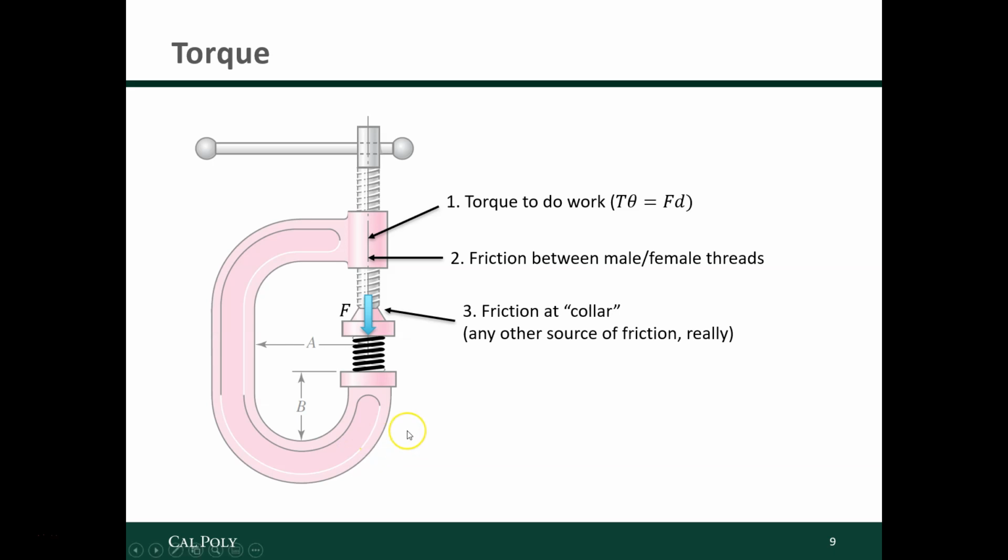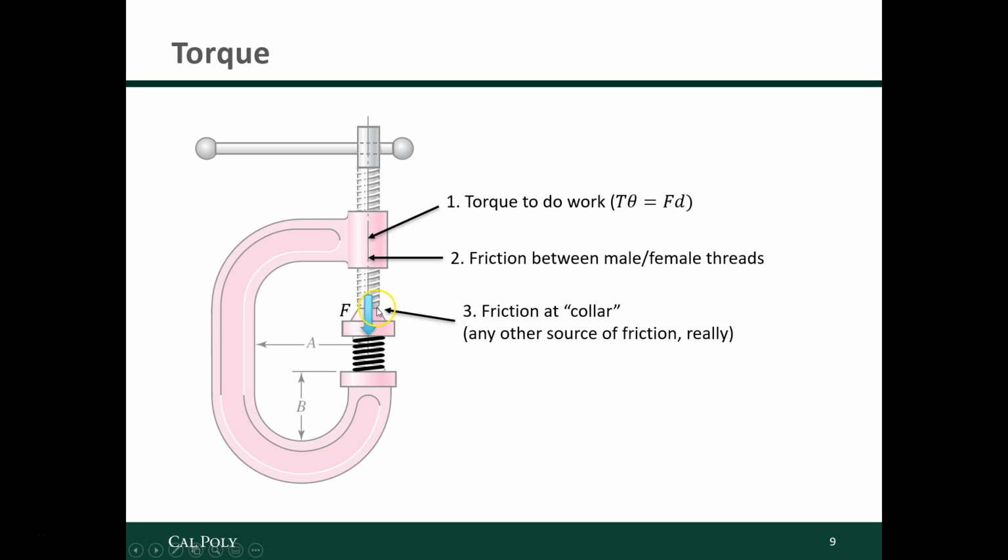Now, the collar is basically any other source of friction that we have in our power screw. And in this case, it's the interface between this silvery screw and this pink steel plate, the piece that actually contacts the spring. The screw is going to rotate relative to this pink contact plate, and the pink contact plate will not rotate with respect to the spring.